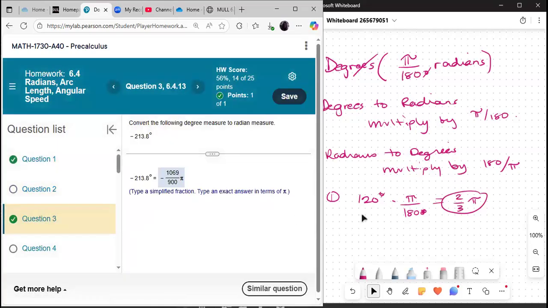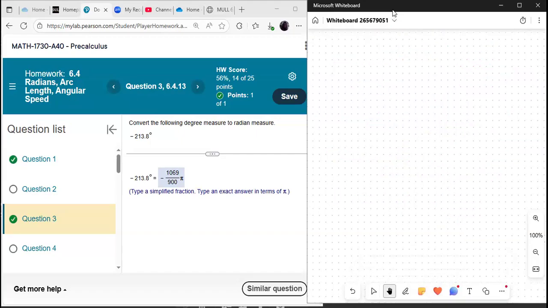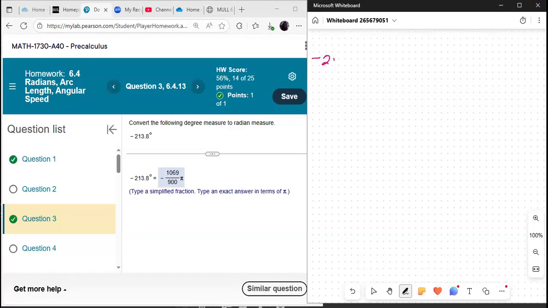We'll jump over to number 3. It says convert the following degree measure to radian measure. So we have negative 213.8 degrees. We're going to multiply by pi over 180.